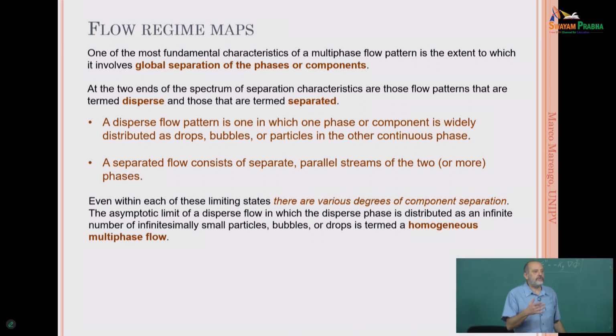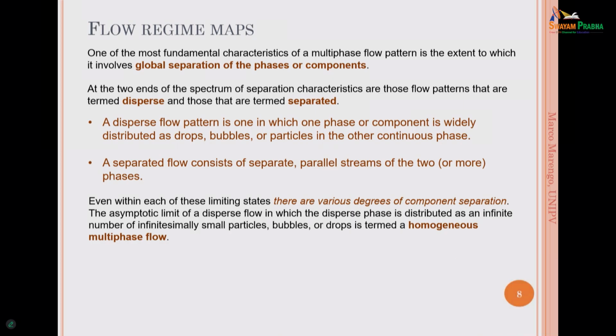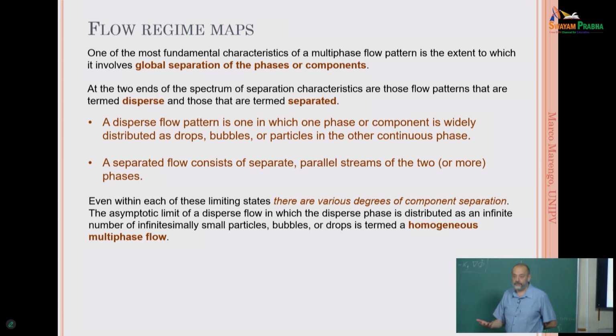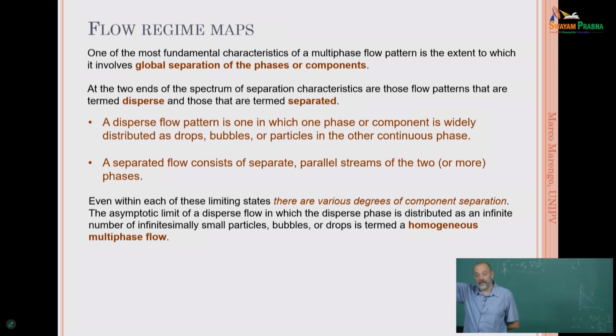Of course, properties will change. If you have nanoparticles inside the system, the viscosity is not going to be the viscosity of the main flow because of the presence of the nanoparticles, and likewise the heat capacity and conductivity. But we can do an average, and we can consider homogeneous flows like a single flow where we have different properties. This is the asymptotic case of the dispersed flow.